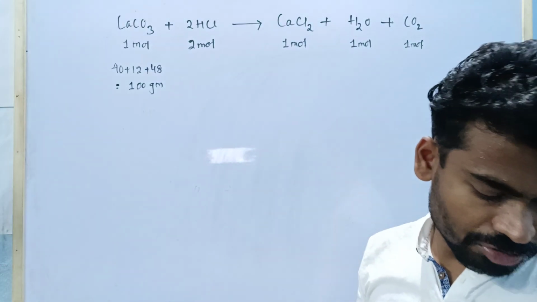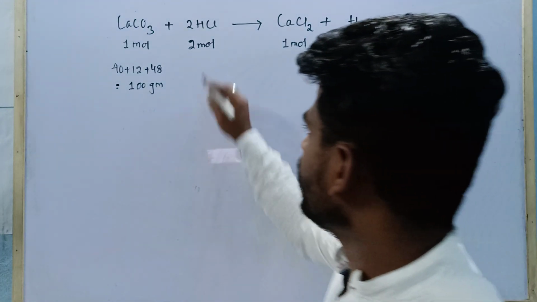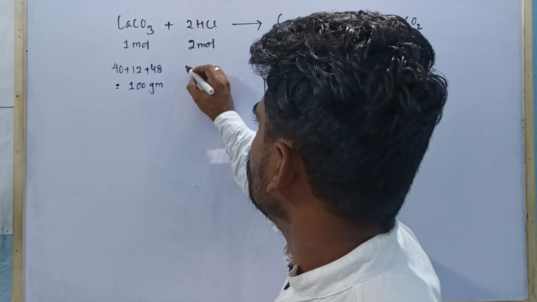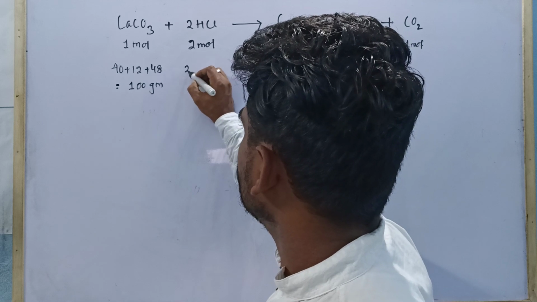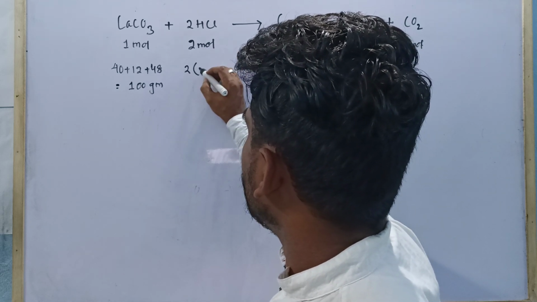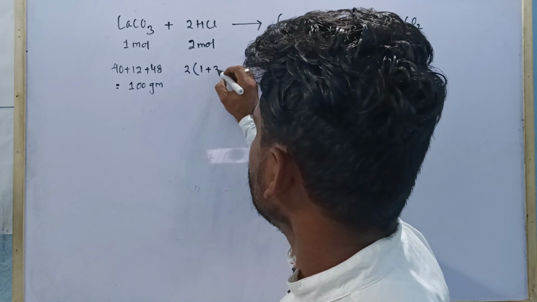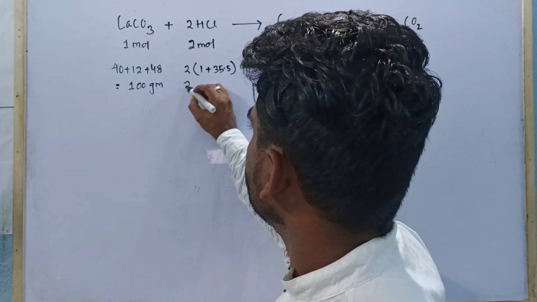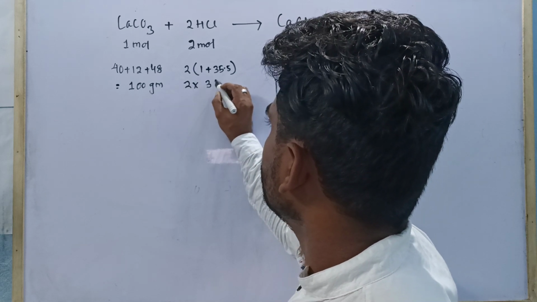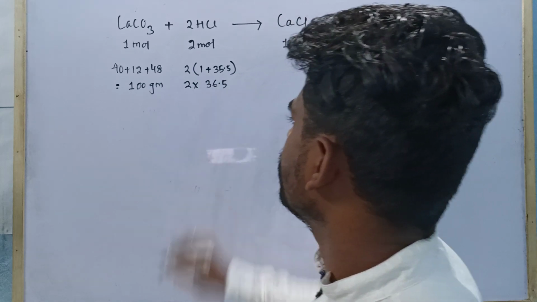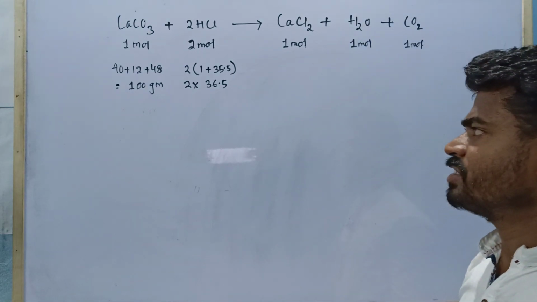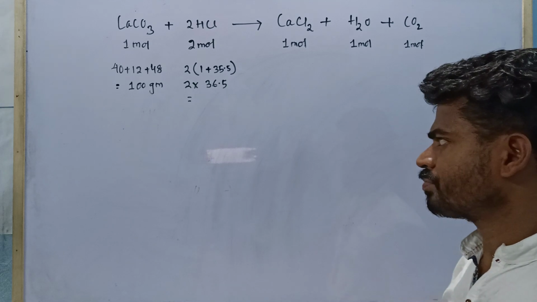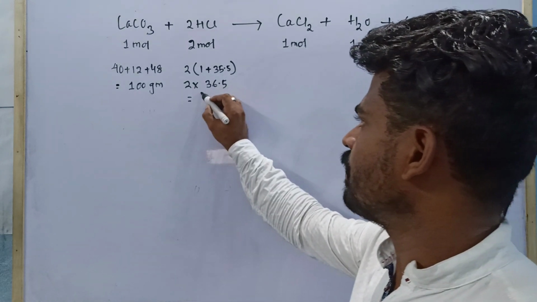Likewise, you just calculate the molecular weight of HCl. That will be 2 mole. Since it is 2 mole, you can write 2 into hydrogen 1, chlorine 35.5, that will be 2 into 36.5. So overall that will be 73 gram.